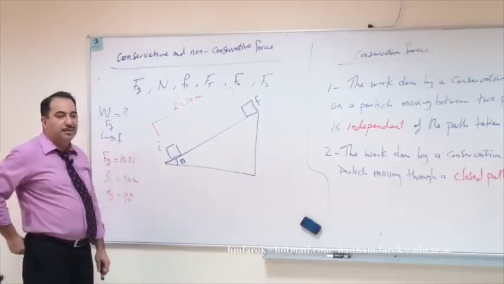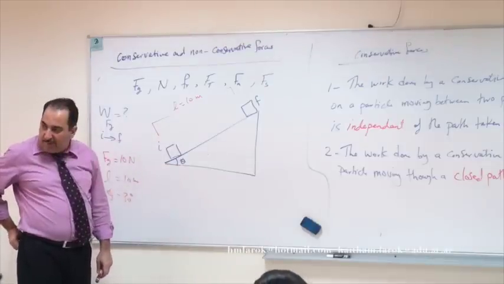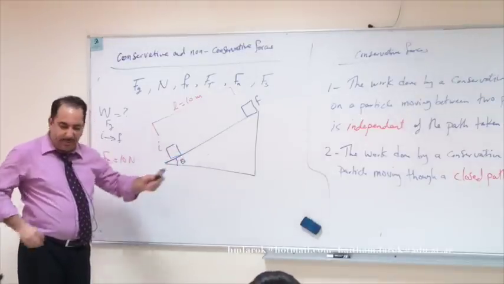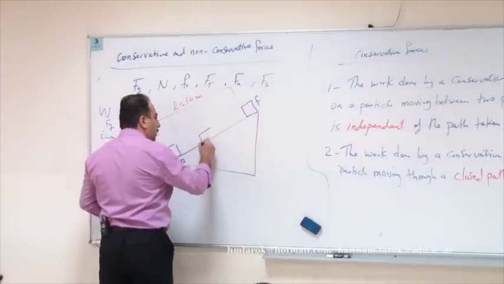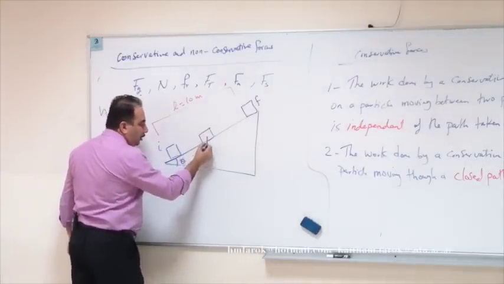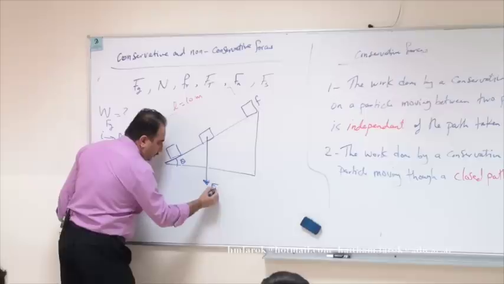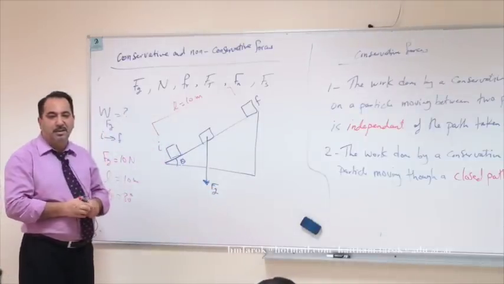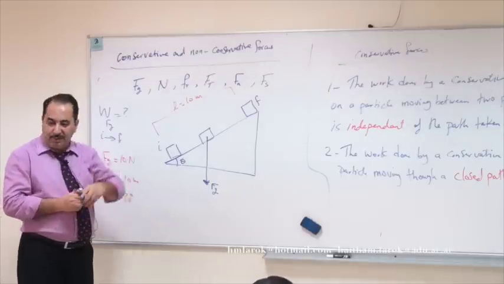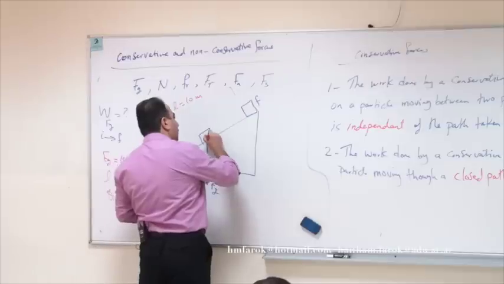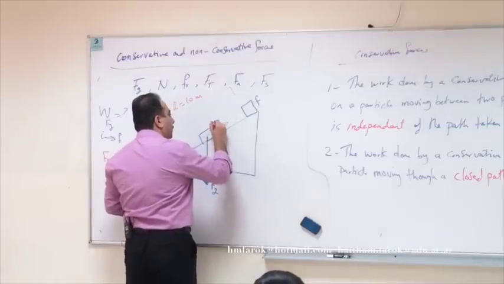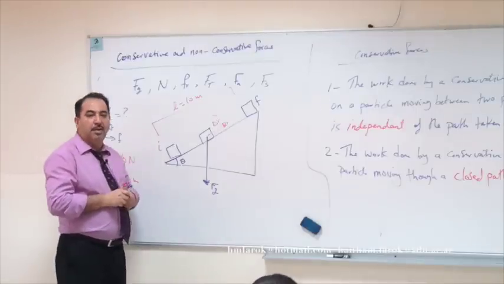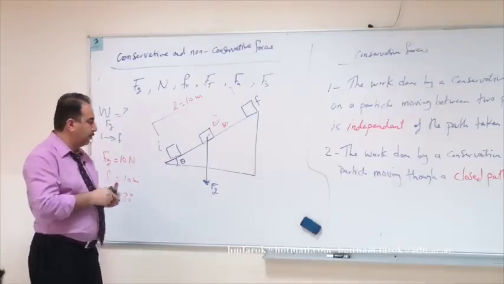Which way is the gravity force? Down. Perpendicular on the ground, yes? Of course, here it's a little bit hard, so I'll draw one in the middle so you can see it, yeah? Fg. Which way is the displacement? Parallel to the surface, yeah? Delta R. What's the angle between them?